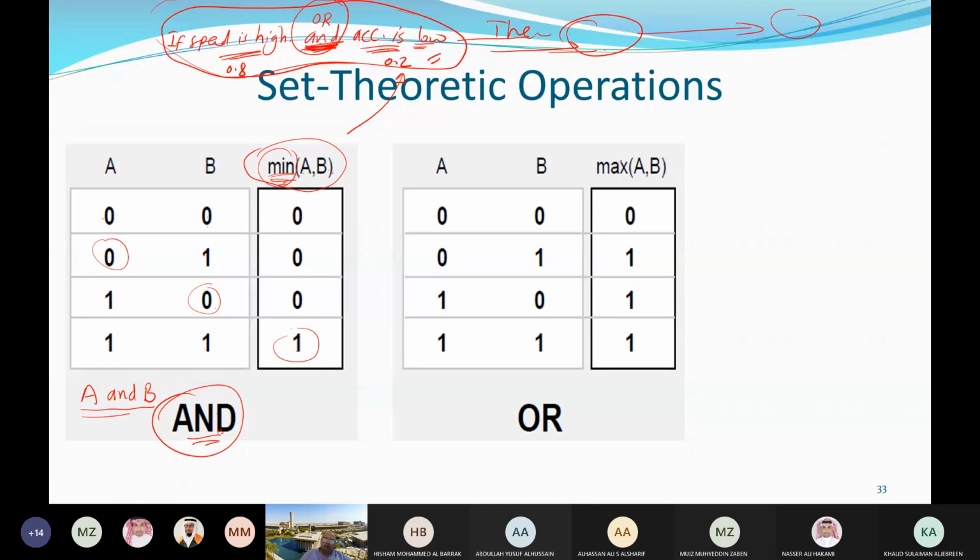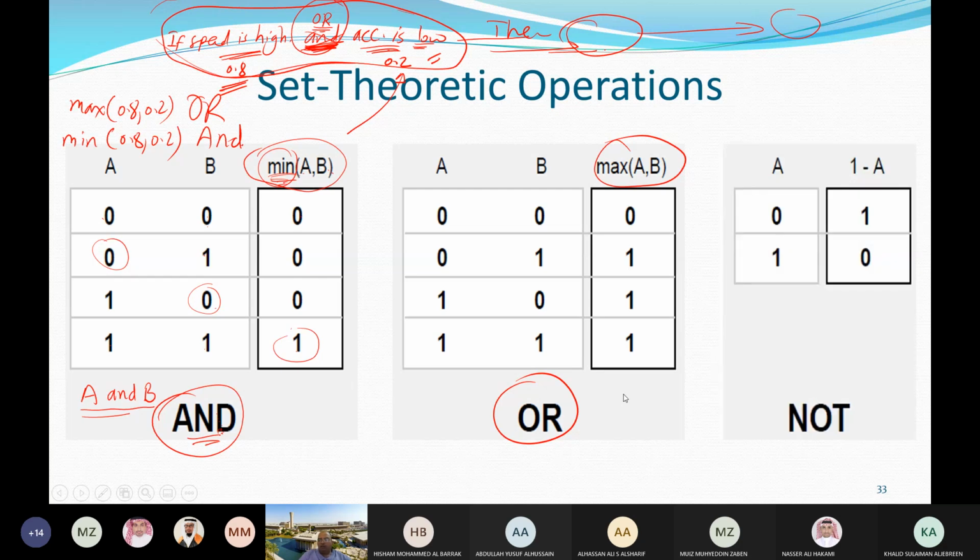So OR is represented here as the maximum value of A and B. So if you calculate this rule, and we have here not AND but OR, the output of this part will be 0.8, which is the maximum of 0.8 and 0.2. This is for OR. For minimum, for 0.8 and 0.2, this is for AND. So if you have AND or OR, you can calculate according to this rule.